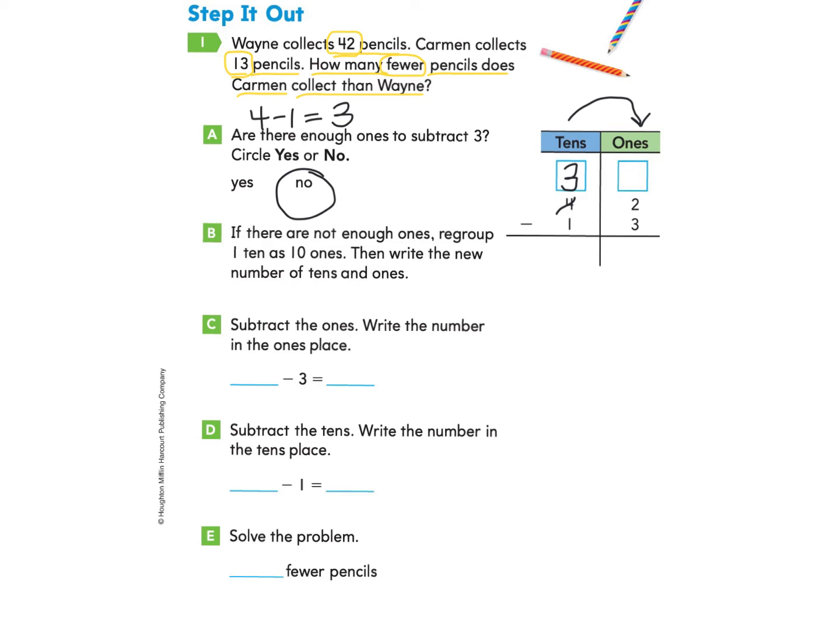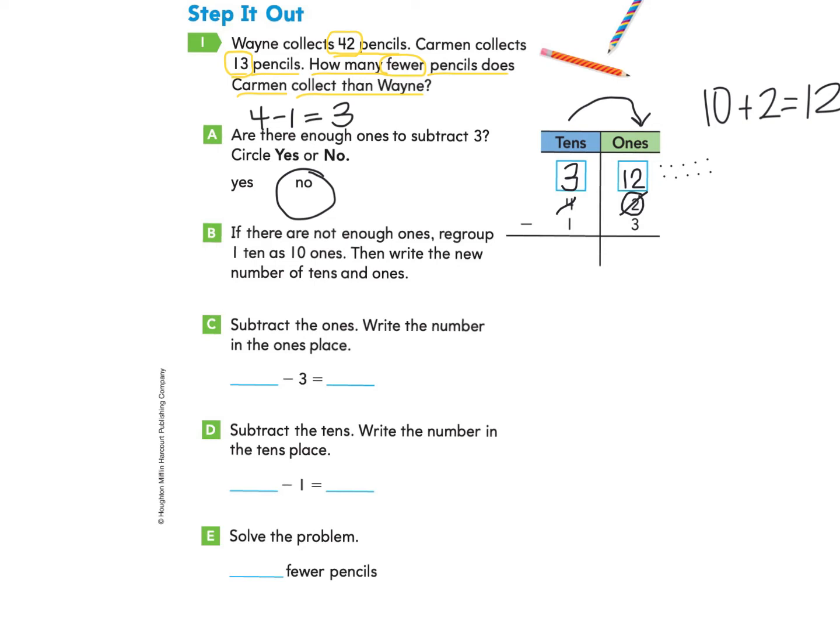So now we have 10 over here. 1, 2, 3, 4, 5, 6, 7, 8, 9, 10. But we still have this 2 right here. So we don't have 2 anymore. We have 10 plus 2, which makes 12. So we're going to write 12 here to represent the new number that we've created.